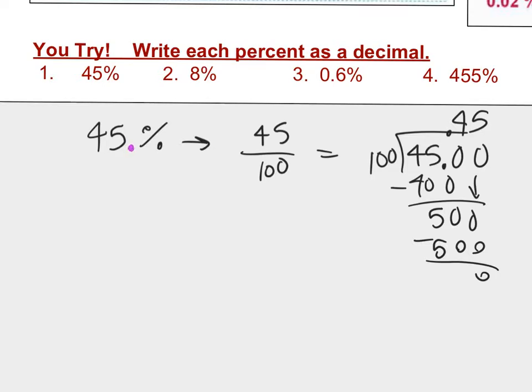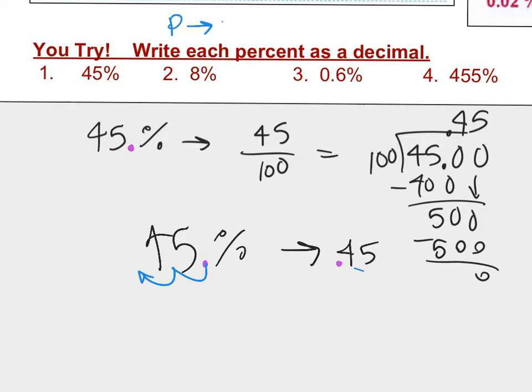And when I went from 45 percent, to end up with the decimal point, what happened was that the decimal went 2 to the left. And that's where I got 0.45. And so they said, oh, so instead of doing it the long way, just remember, when you're going to change from a percent to a decimal, you move the decimal 2 to the left.